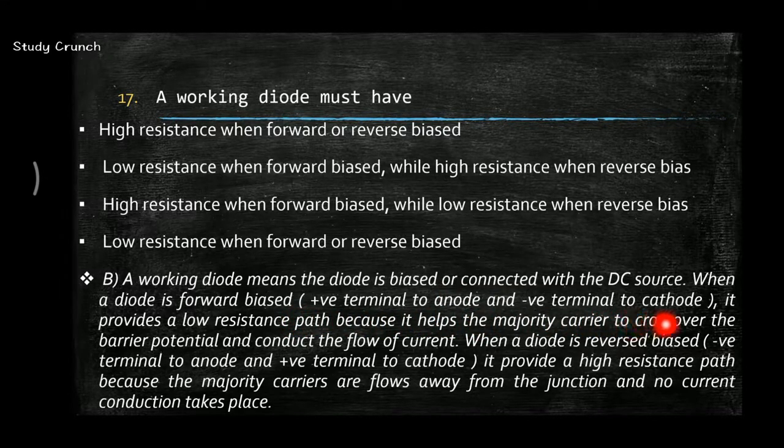When a diode is reverse biased, it provides a high resistance path because majority carriers are flown away from the junction and no current conduction can take place. So the answer is B, that is should be low resistance when forward biased and high resistance when reverse biased.